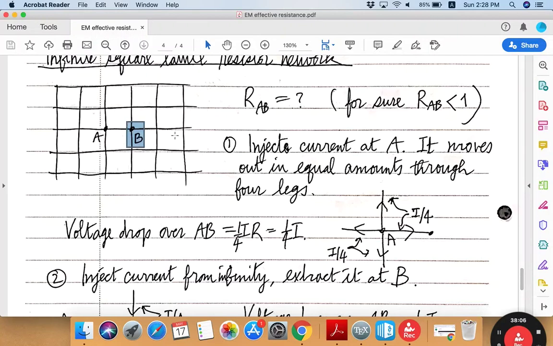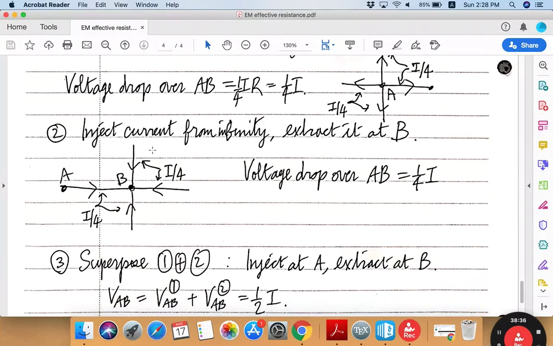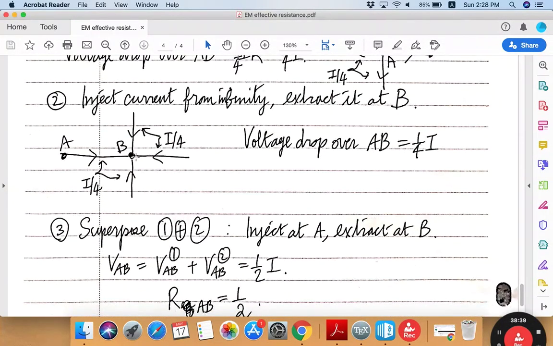But again, there's no preferred direction in this whole thought experiment. So if this point is sucking out the current in the amount of I, then 1/4 of that current will be coming from this leg, the other 1/4 coming from this leg. This leg also carries 1/4 of the total current being sucked out, and so does this leg. So in picture, this is the situation.